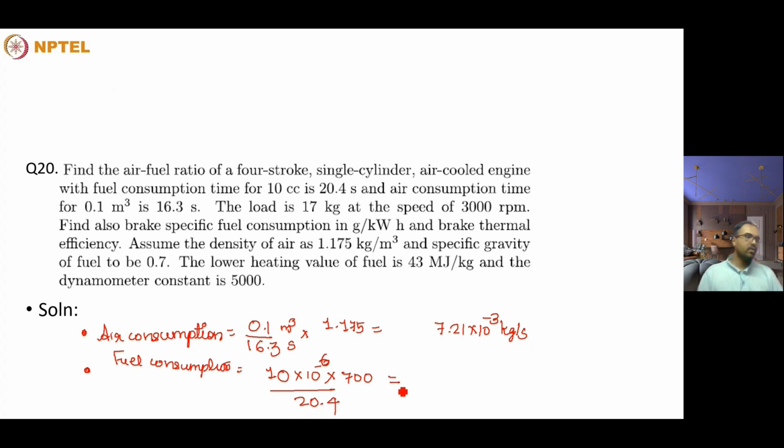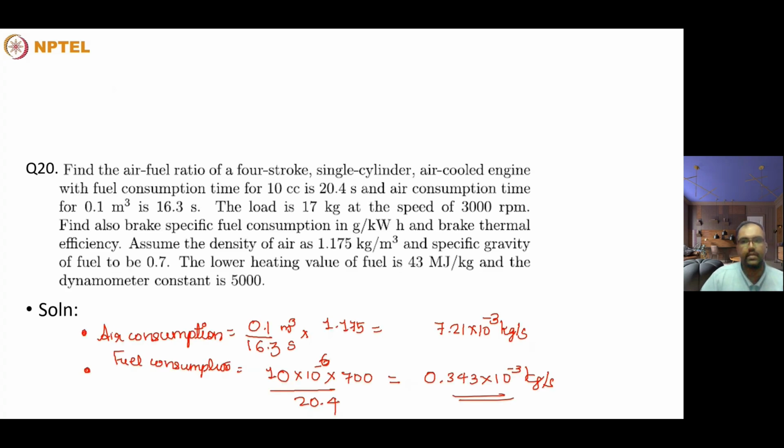So that will be coming around 0.343 into 10 power minus 3 kilogram per second.